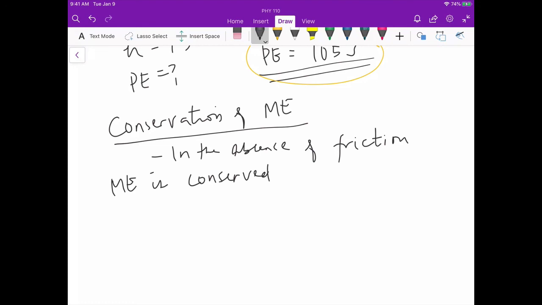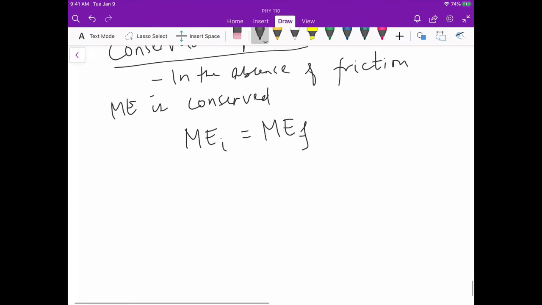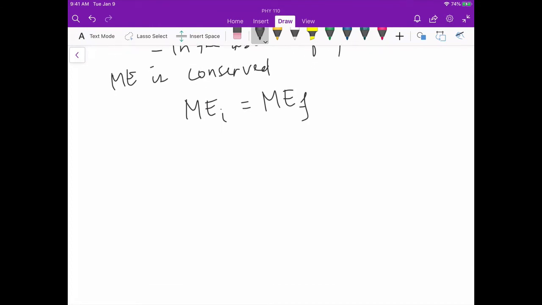That means mechanical energy at one point, the initial, is the same as mechanical energy at the final. So what is this mechanical energy? It's just the sum of the potential and the kinetic energy.